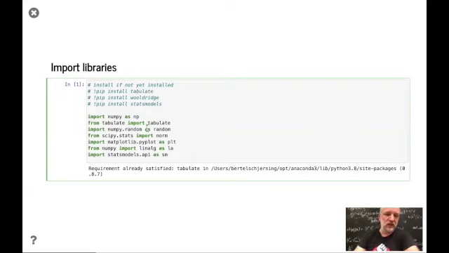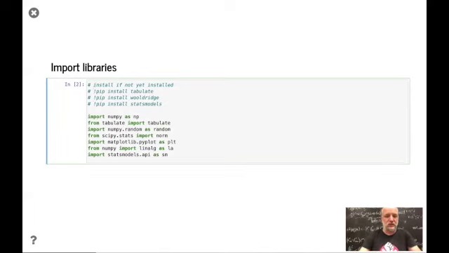I'm reading in NumPy, some stuff for tabulation of results, the random number generator from NumPy, which I put into random. I need the normal distribution, some plotting, linear algebra, which I call LA for short, and then some statistical models. These things you would have to do as well.